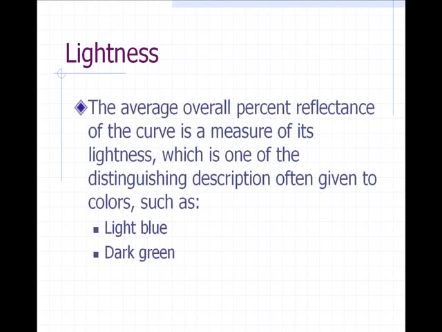The average overall percent reflectance of the curve is a measure of its lightness, which is one of the distinguishing descriptions often given to colors, such as light blue and dark green. So when we talk about colors, remember we said that we use three attributes to describe them: hue, chroma, and lightness. This is one way of seeing what the lightness is by looking at the overall height of the curve.